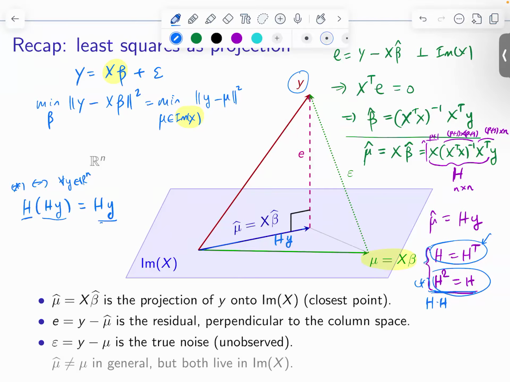Is there an idempotent property for inverses? Could H inverse be idempotent? So do you think H is invertible or not? Is it an invertible transformation?